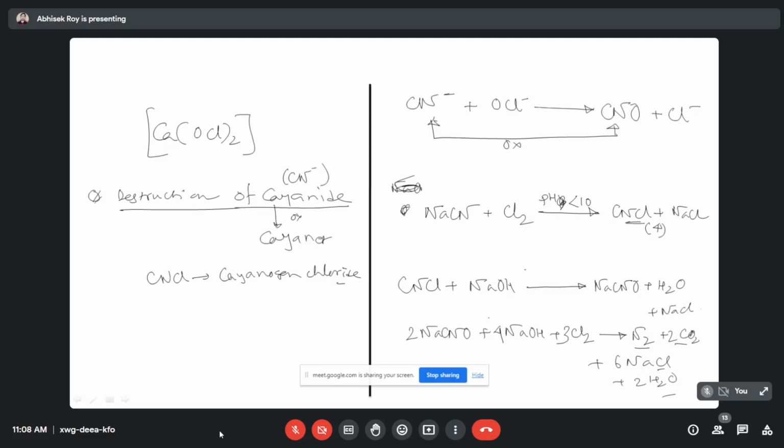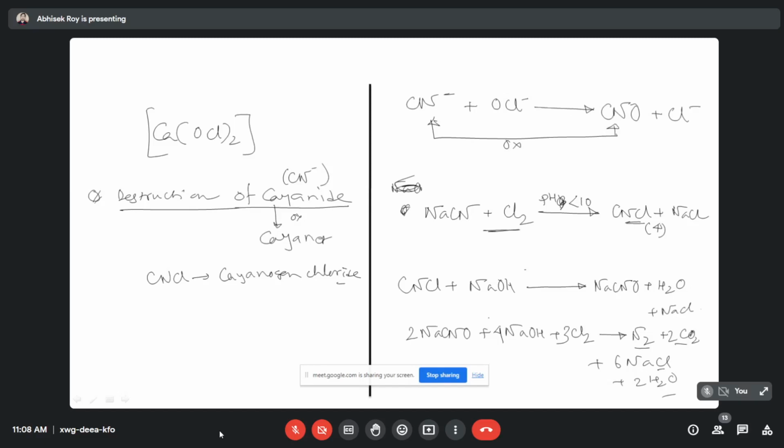So for that reason, you don't calculate your chlorine requirement based on this only, but rather you add excess chlorine, to ensure that cyanogen chloride is not produced.